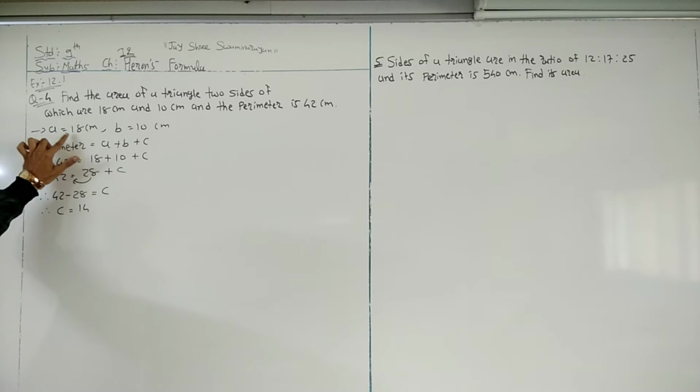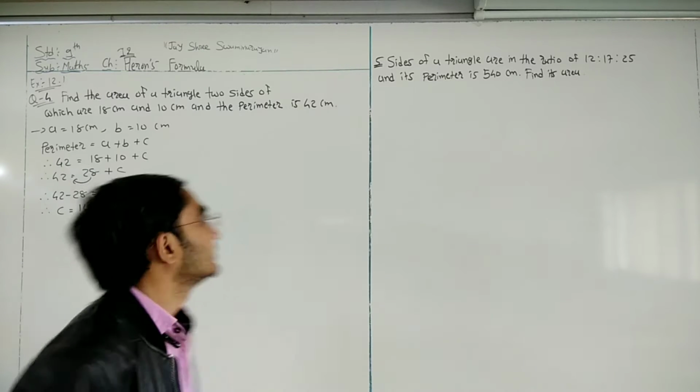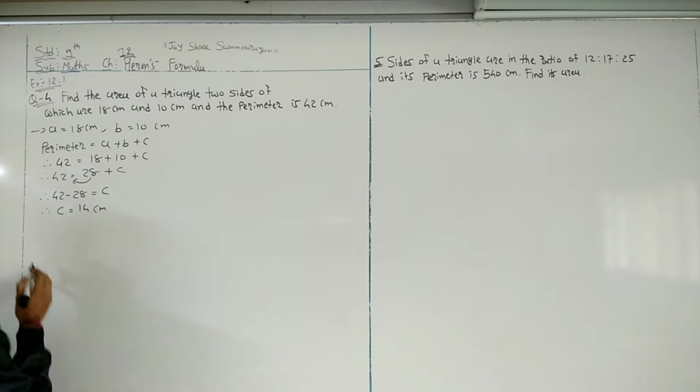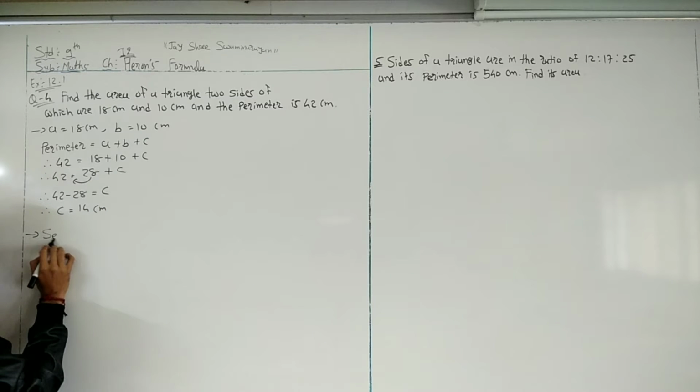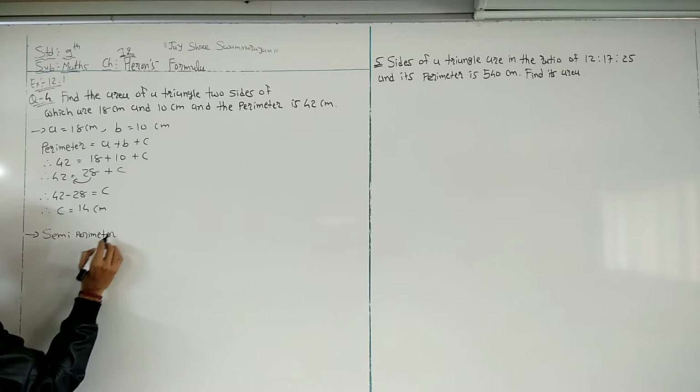Now we know the three sides, A 18, B 10, C 14. So now we can find the area of the triangle by using Heron's formula, right? First of all we need to find the semi-perimeter S. Now semi-perimeter means what?